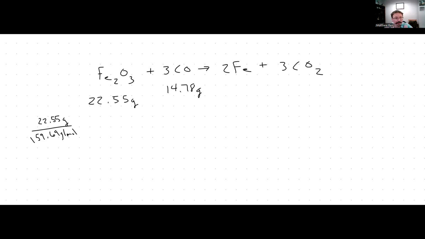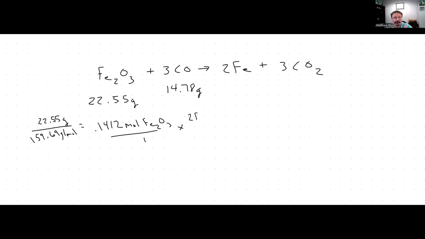So that'll give us 0.1412 moles of that iron 3 oxide, and I want to multiply that by, we said compare it to one of the products.